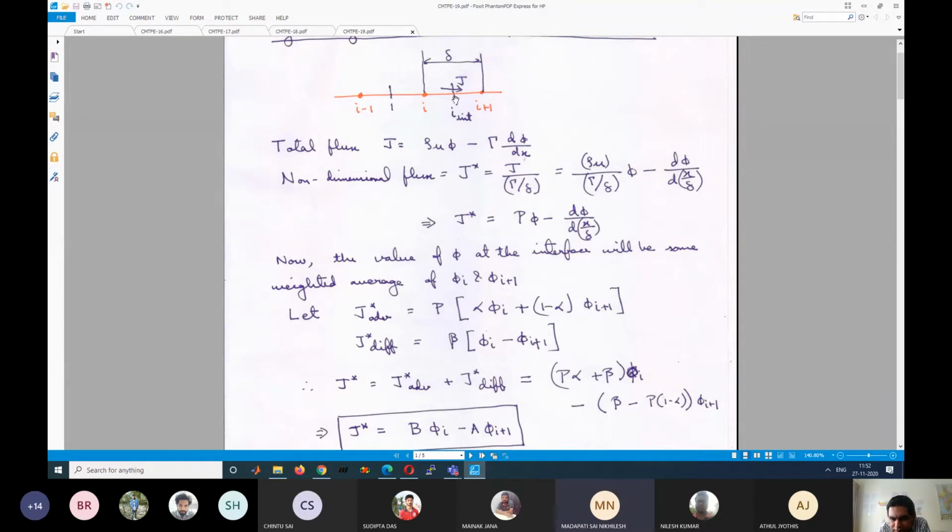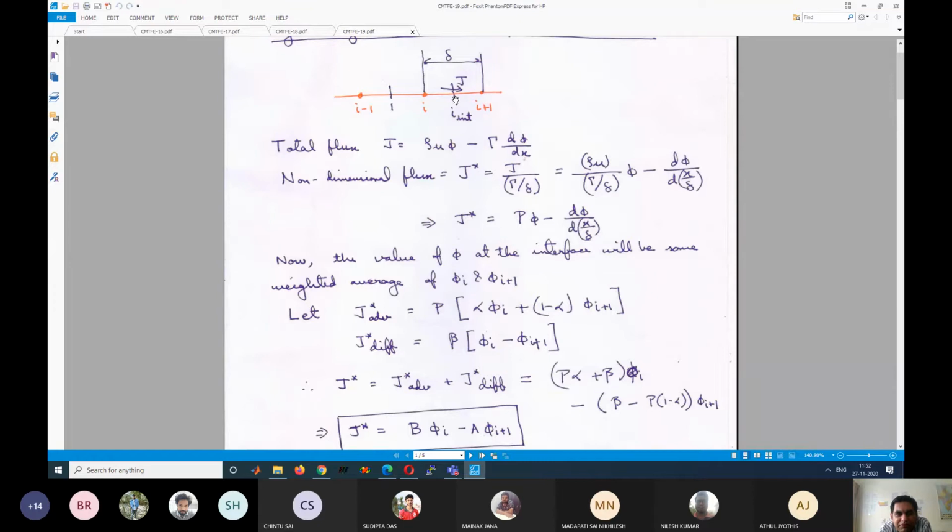Behind the interface, what is the grid point? It is I plus 1, right? And the forward grid point is I, correct?